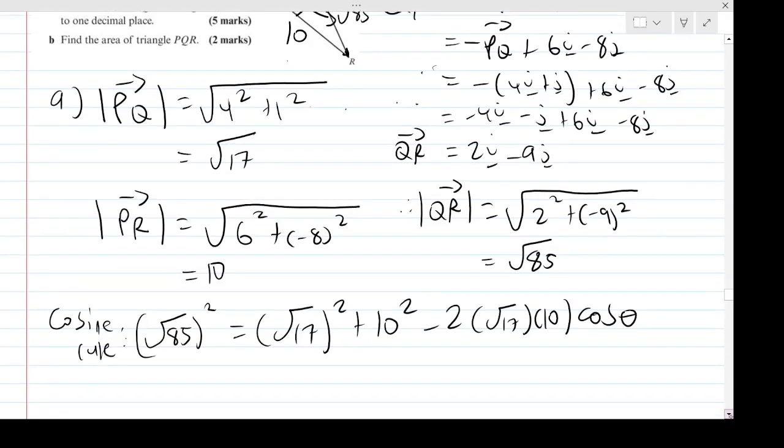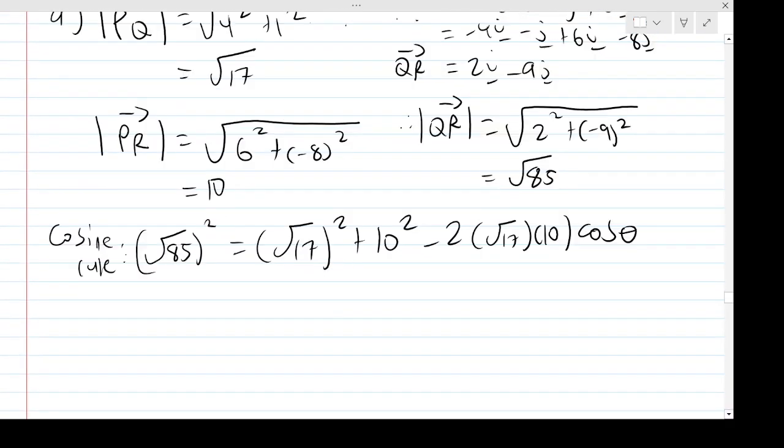Then we just need to simplify everything. Root 85 all squared is just going to be 85, and root 17 squared is just 17, plus 10 squared is 100, minus 2 times root 17 times 10, that would be 20 root 17 cos theta.